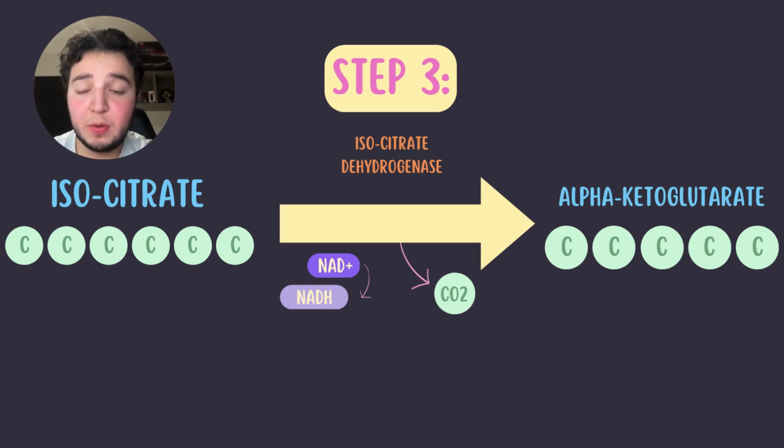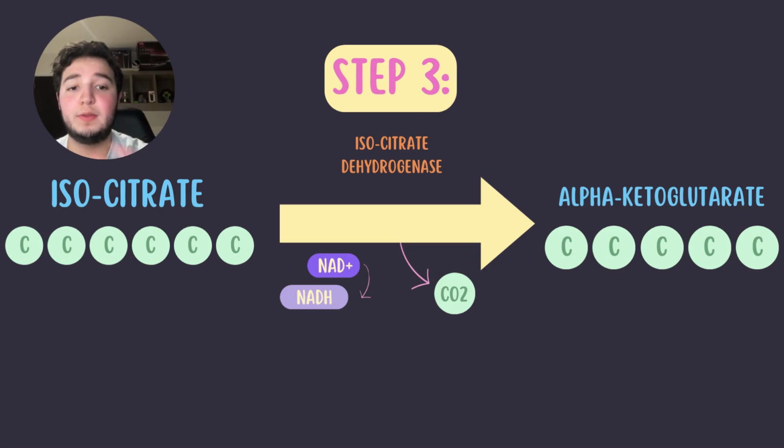So now on step 3, we have isocitrate becoming alpha-ketoglutarate. To achieve this, we use an enzyme called isocitrate dehydrogenase that catalyzes the oxidation reaction. With this process, a molecule of NAD+ will turn into NADH.